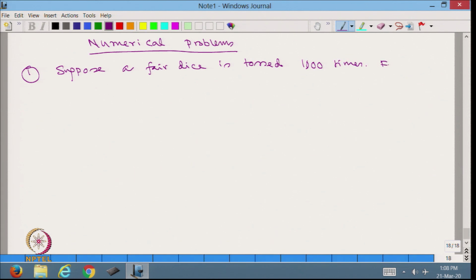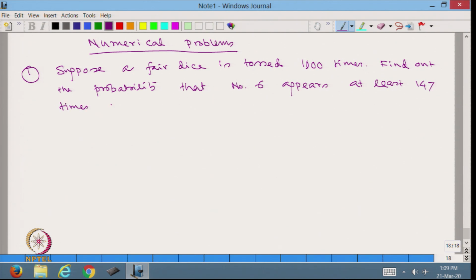Find the probability that the number 6 appears at least 147 times in the 1000 tosses.